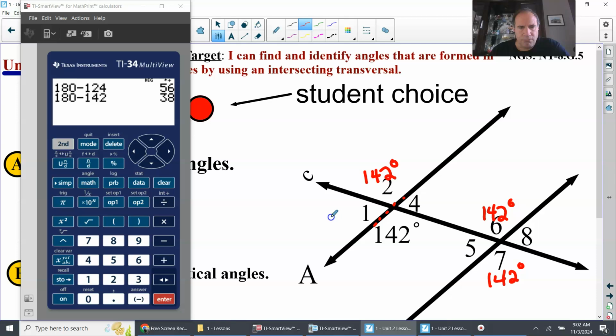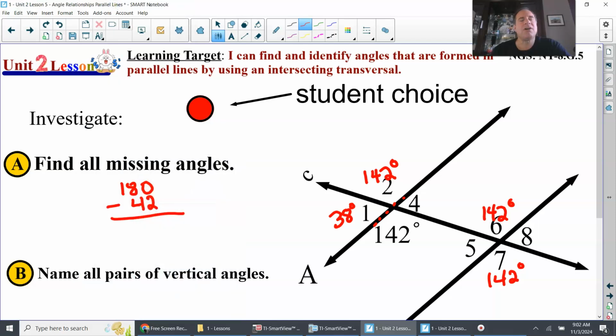That means all acute angles are the same. They're 38 degrees. So do you see 3 other acute angles? You should. Angle 1 and angle 4, they're 38 degrees. Angle 4 acute, angle 5 acute, 38 degrees. Angle 5 is acute, angle 8 is acute, 38 degrees.